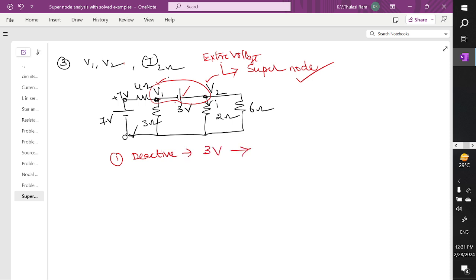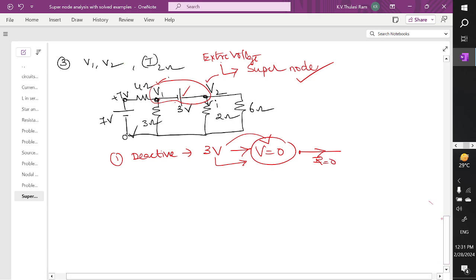Deactivating this source means making the source V equal to 0. How to make this 3 volts 0 is just by short circuit. If you short circuit it, automatically R will become 0. So redraw the given network.